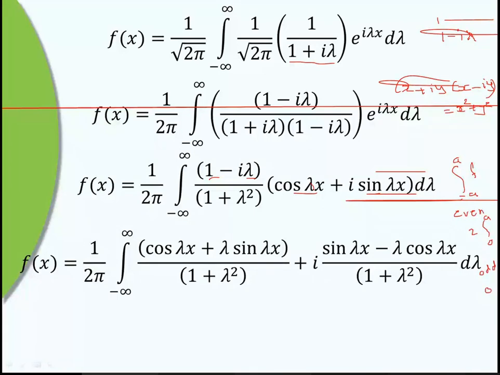Here the limits are from minus infinity to infinity. Now cos is an even function, lambda is odd, sine is odd, but the multiplication of two odd functions is even. So this is even, 1 plus lambda square is even, so this total function is even.